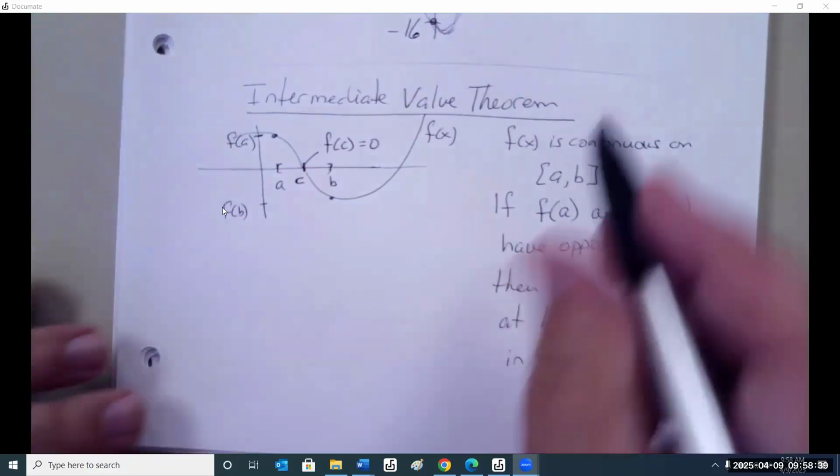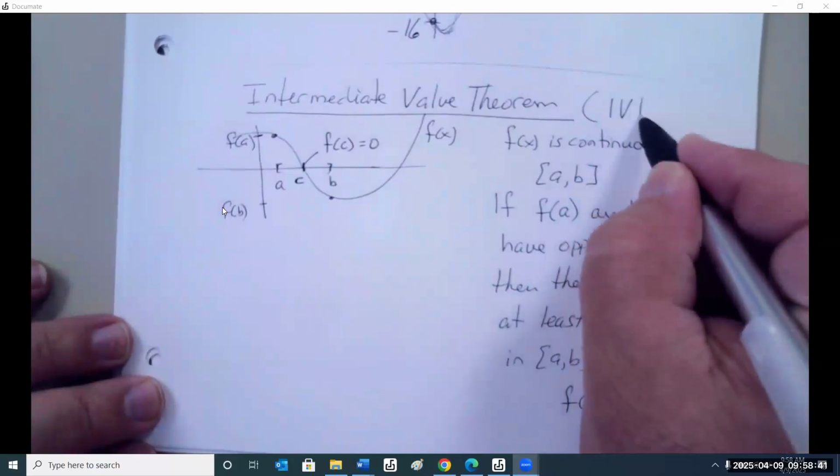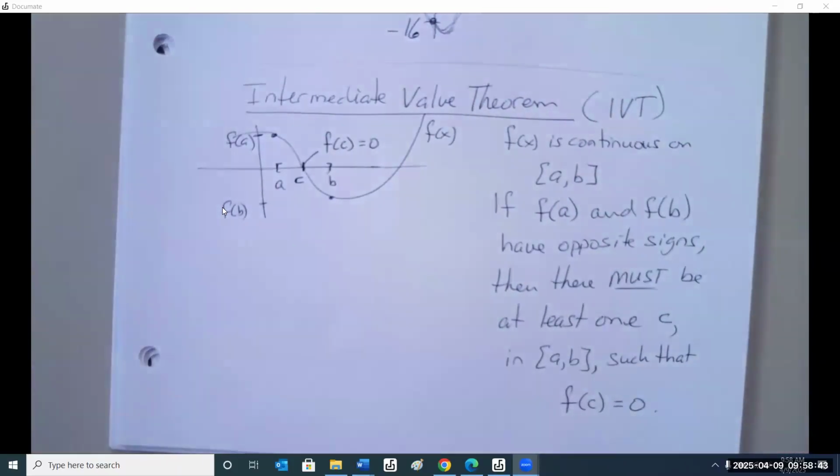That's the intermediate value theorem, the IVT. It doesn't tell us how many or where it is. It just tells us that at least one exists.